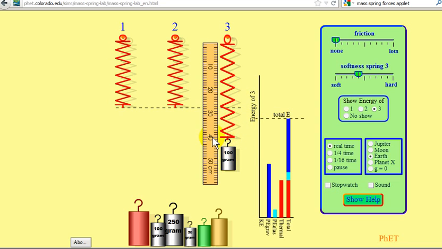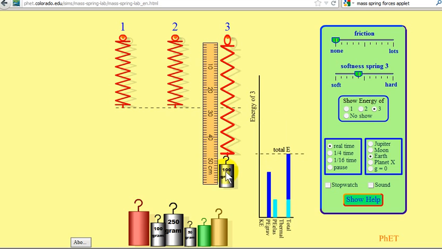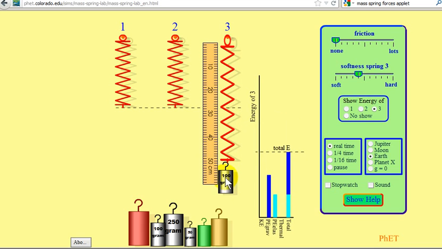So what I will do is I will give the motion of this mass an amplitude of 10 centimeters. I can do that by pulling the mass down to the 50 centimeter mark. So it's about here. So now the amplitude of its motion will be 10 centimeters.